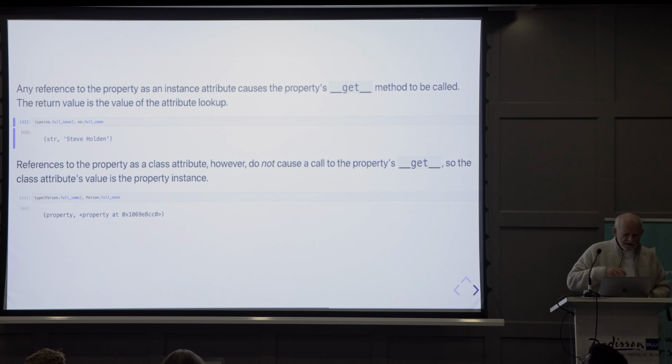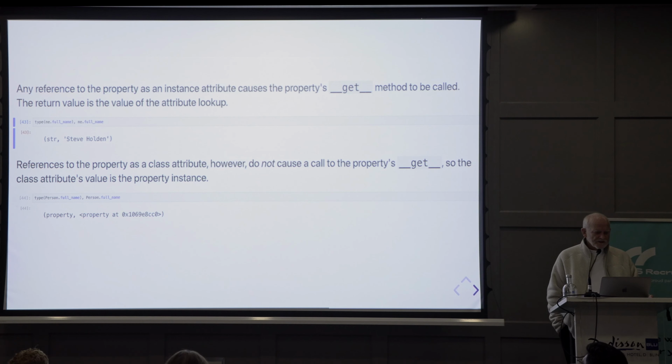So I've already created an instance, but if I ask what the type of its full name is, then it's a string. But then if I access the value, then there is the string, Steve Holden.